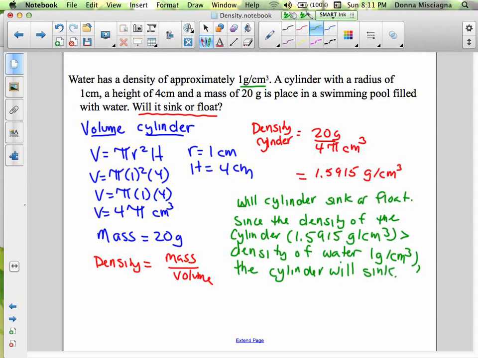The density would have to be less than 1 for it to float. So it will not float, it will sink. Right? So we have solved another problem.